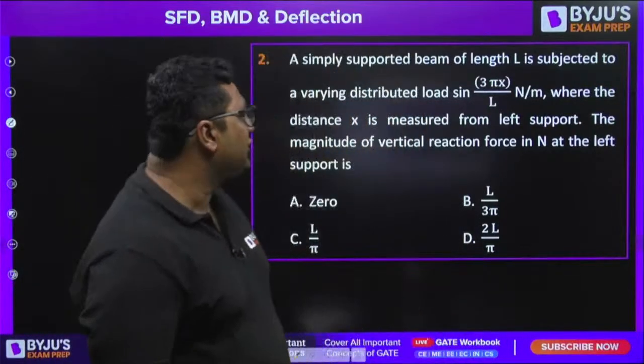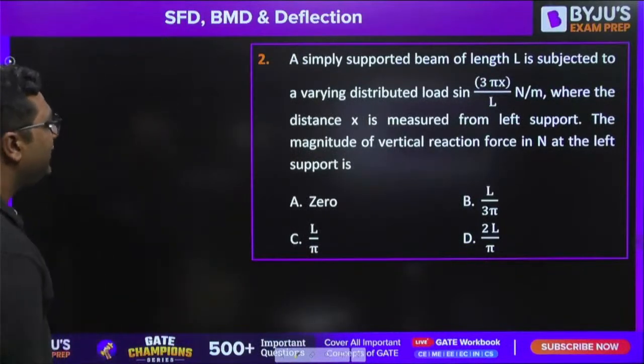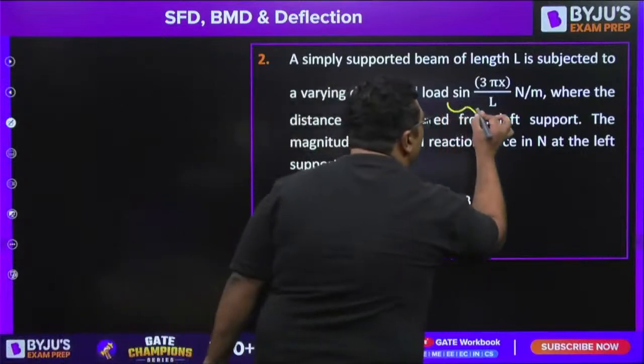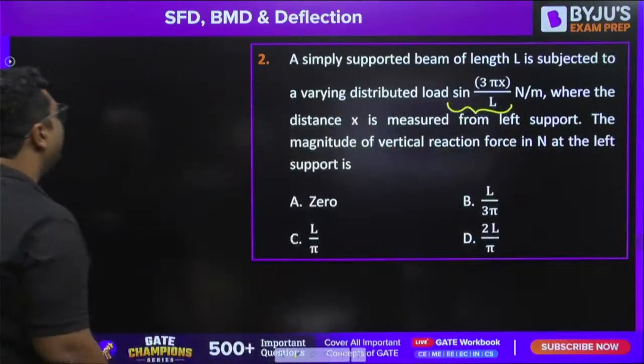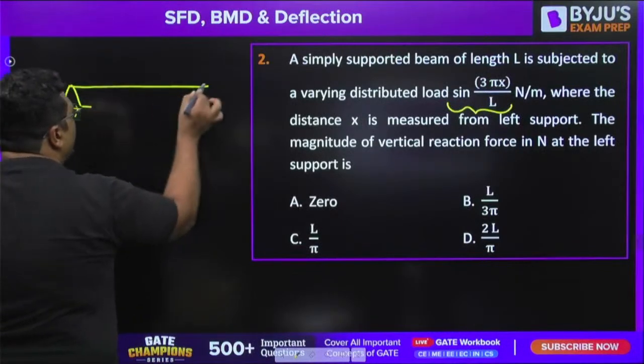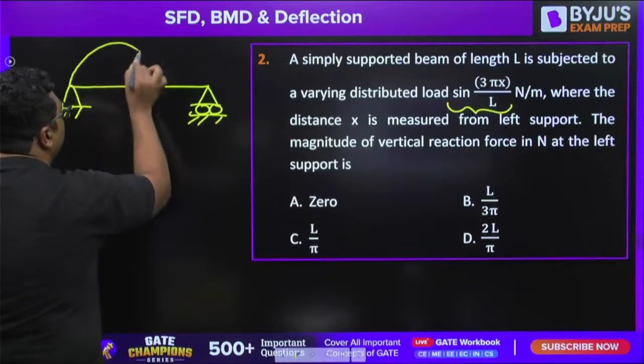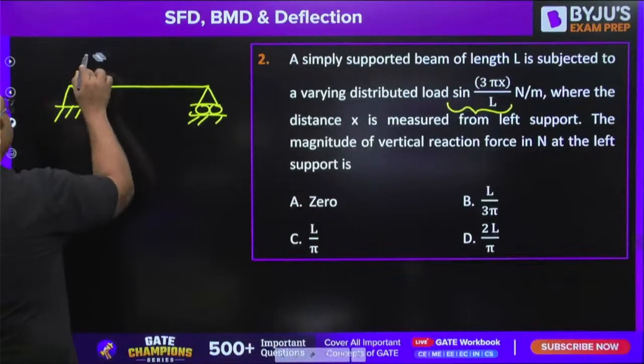Yes, what would be the answer for this one? A simply supported beam of length L is subjected to sinusoidal loading. So my dear, this is a simply supported beam, and it is having some sinusoidal loading. Sorry, I need to make it correctly.